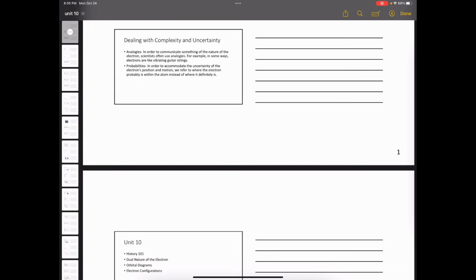In order to accommodate the uncertainty of the electron's position and motion, we refer to where the electron probably is within the atom, instead of where it exists exactly or definitely. Even up to today, no one is able to say this is the xy position of the electron, because it is not possible.